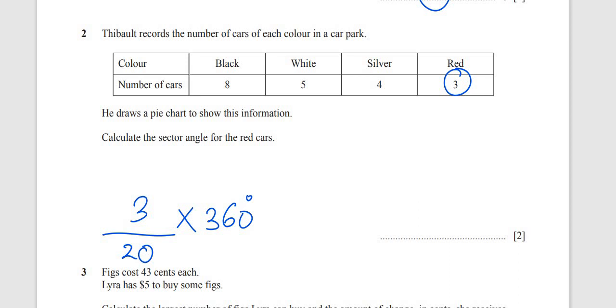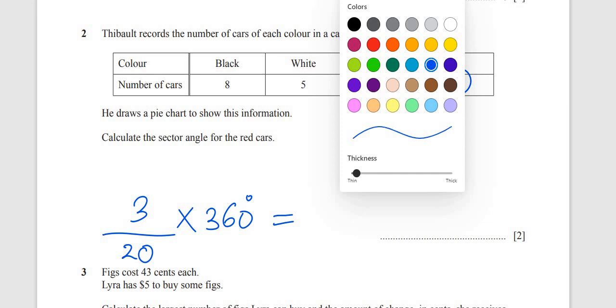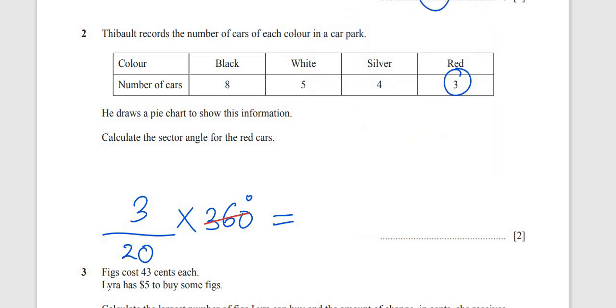So you can divide 360 by 20, which gives us 18. Then 18 times 3 is equal to 54 degrees. So the sector angle is equal to 54 degrees.